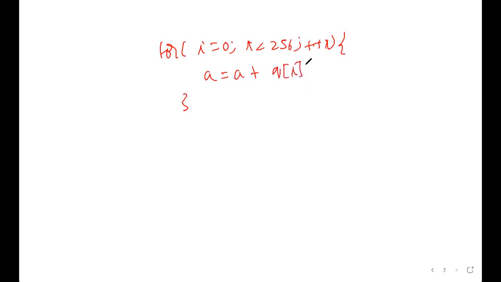We have something like for i equal to 0, i less than 256, i plus plus, A is equal to A plus Q of i times F of i. And there could be an outer loop, and instead of F of i, F could be double indexed, but for the time being, leave that aside.